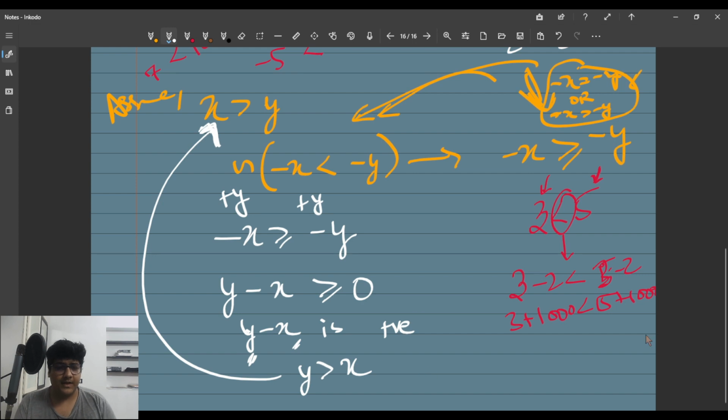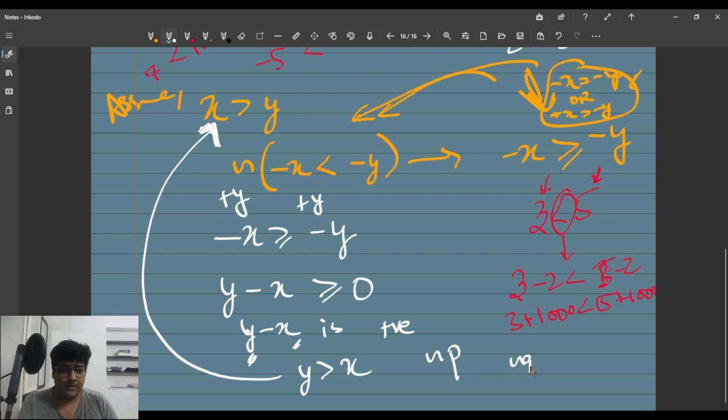And excuse me if I am using terms like sets and inequalities again and again. The more you start going into the subject, the more you'll come back and learn these things more easily. So don't worry about it too much, just think about what I'm saying. Right, so y is greater than x, and hence it is contradictory to the fact that x is less than y, hence I have shown not p.